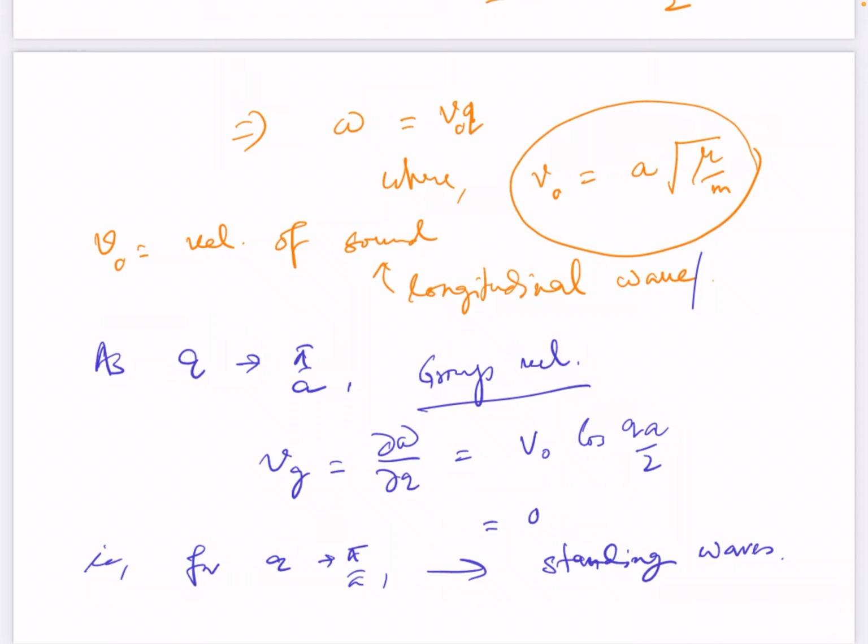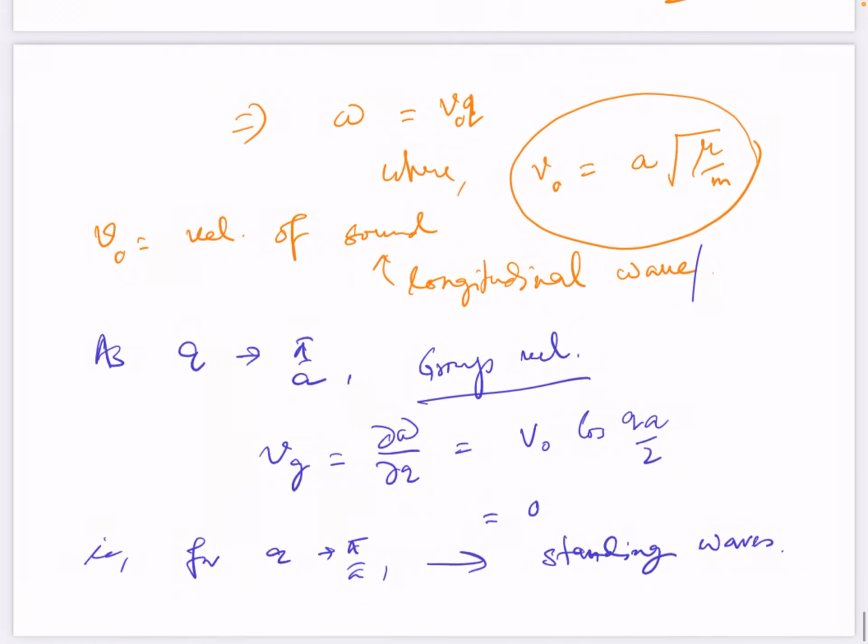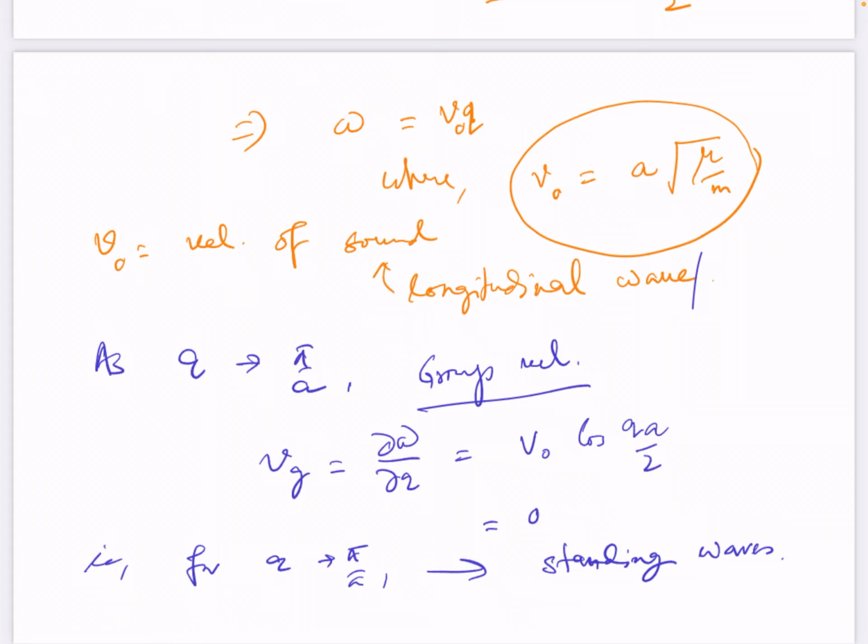This is what we get by considering a very simplistic picture of a one-dimensional infinite lattice with lattice constant a, where all the atoms have equal mass m. This is a monatomic lattice.